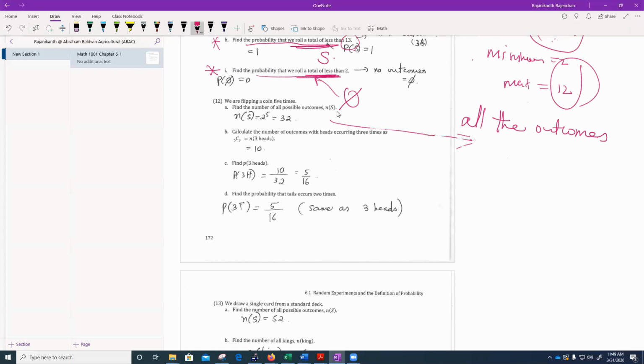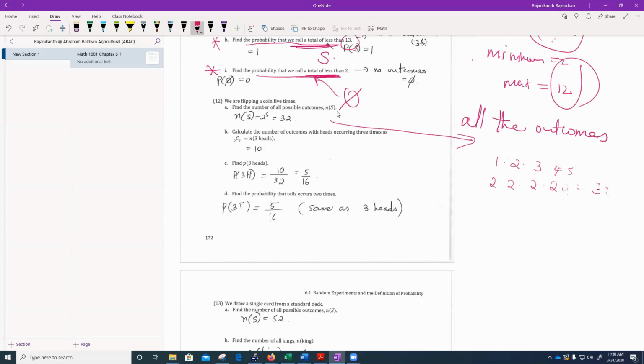Remember, you are tossing a coin 5 times. That means you have 5 tasks. Each task has 2 outcomes. So you multiply 2 times 2 times 2 times 2 times 2, which is 32. Therefore, I have 32 outcomes in my sample space.